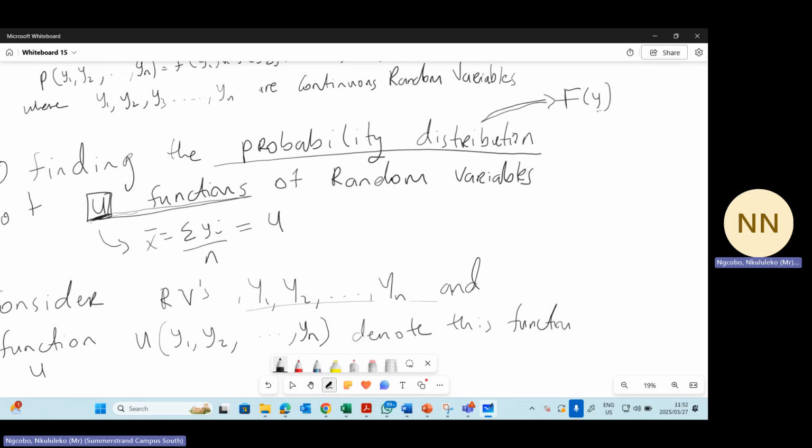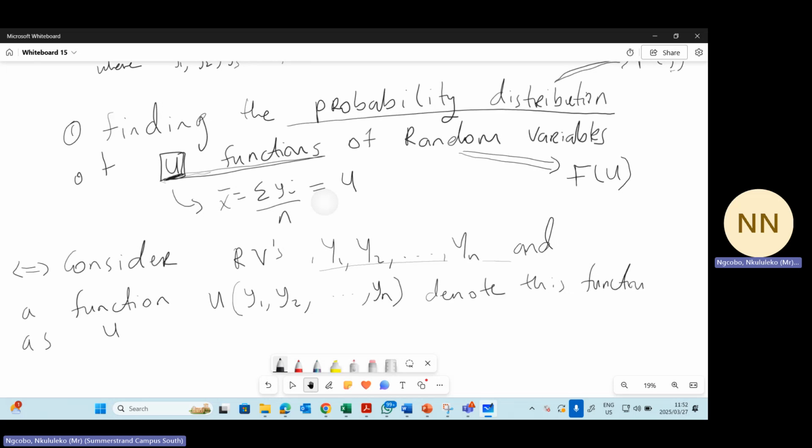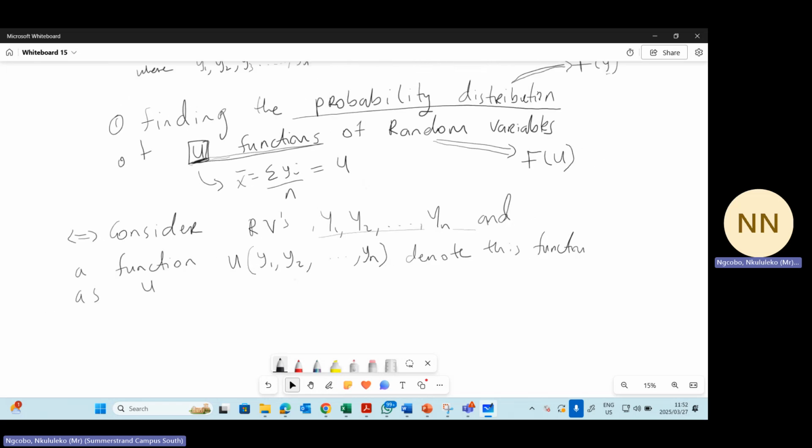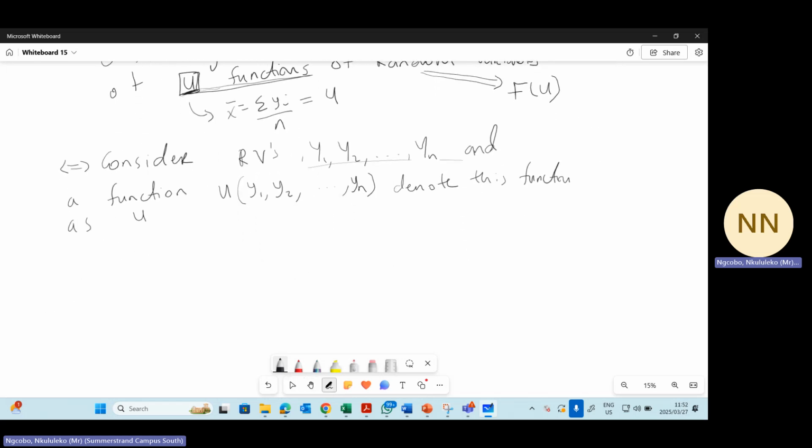So what we're trying to learn today is to find capital F of u, the distribution function of these U functions, right? Probability distributions of U.